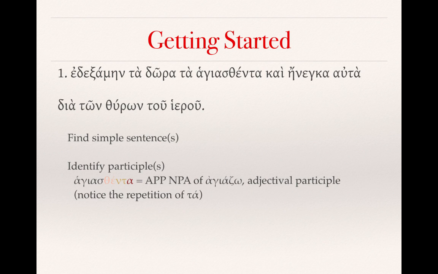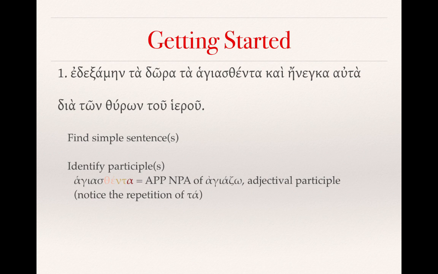Remember, it could either be neuter nominative or accusative, but in this case, it's most likely going to be the accusative. That's especially clear because of the definite article that is in front of it, which also is our dead giveaway that we have an adjectival participle.